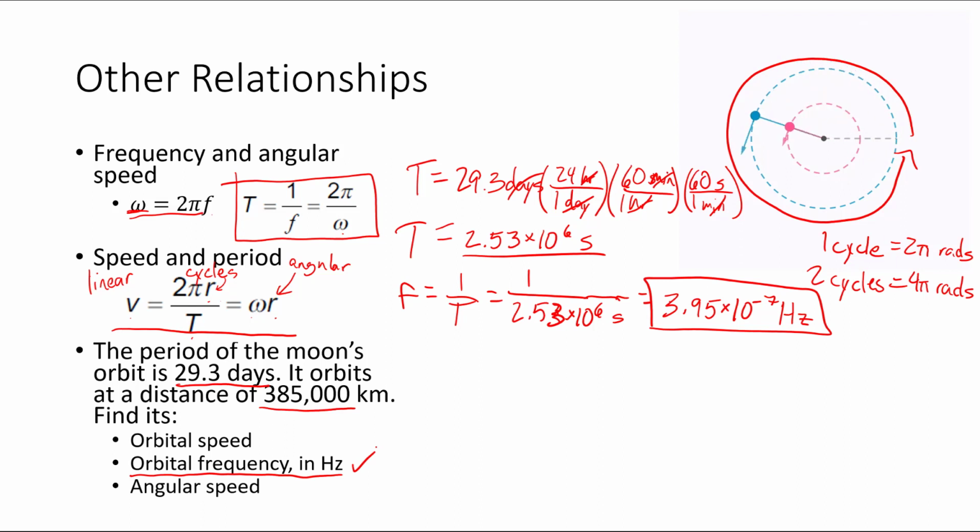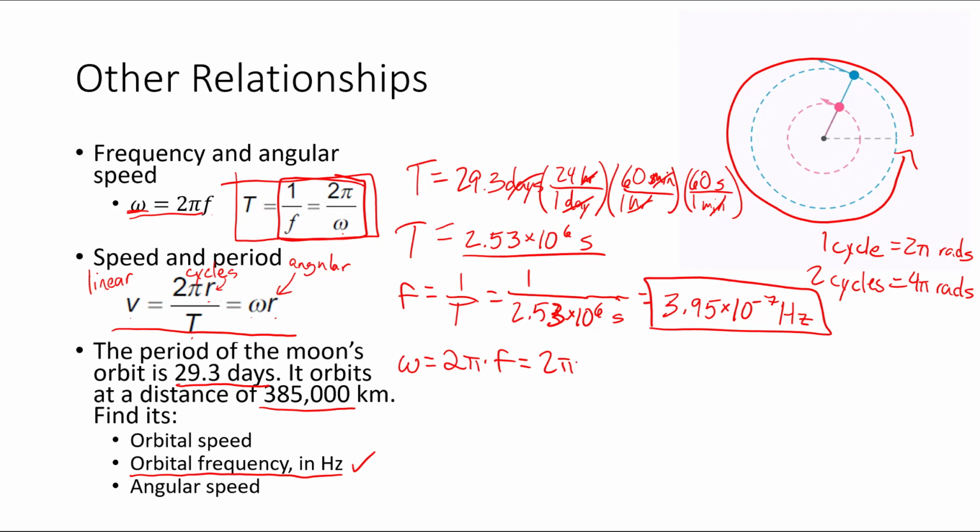What else? How about the angular speed, or the angular frequency? I haven't got that yet. And I'm going to use this equation up here that we already found to relate angular speed to frequency. Omega is just 2 pi times the frequency.